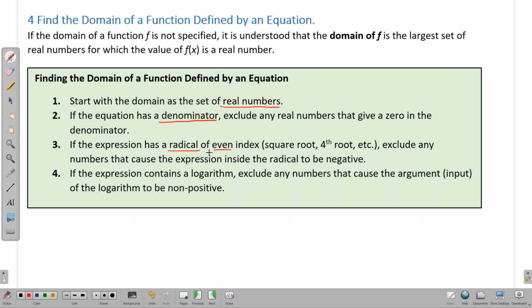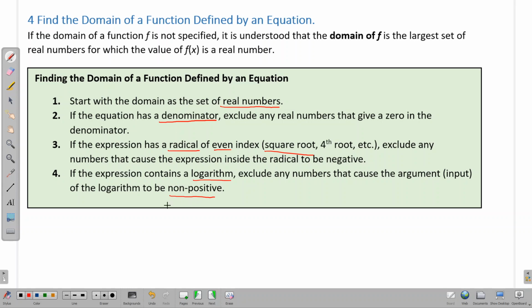So if you end up taking a square root or a fourth root of a negative, whatever value of x made that radicand negative needs to be thrown out. And then the final one is dealing with logs. If you have any logarithms in your function, we can't take logs of 0 and we can't take logs of negatives, meaning that anything that makes the argument of the log non-positive has to be thrown out.